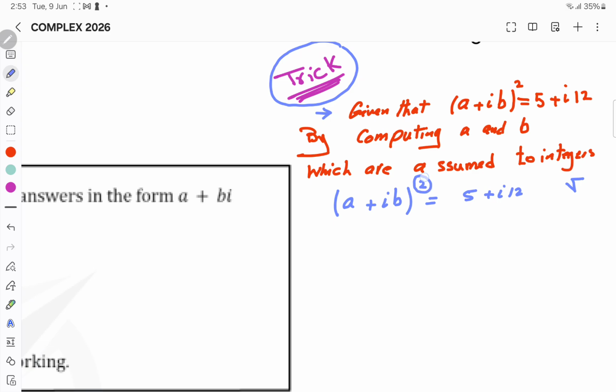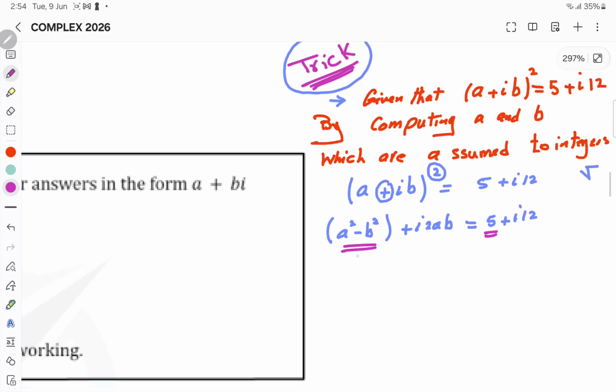That is squared. So directly it will be first squared minus second squared as the real part, plus i times 2ab, because that sign is plus, so it will always be plus. If it's negative, it will be negative. All of that is equal to 5 plus 12i. So here I have to equate complex numbers.